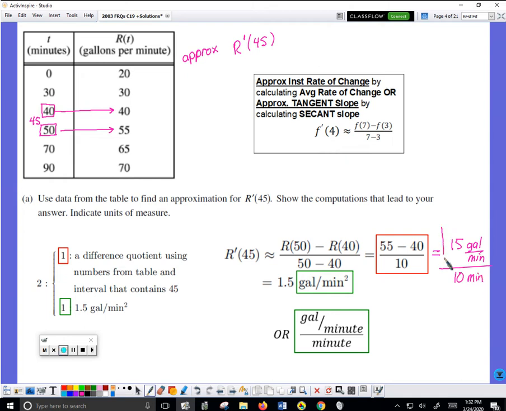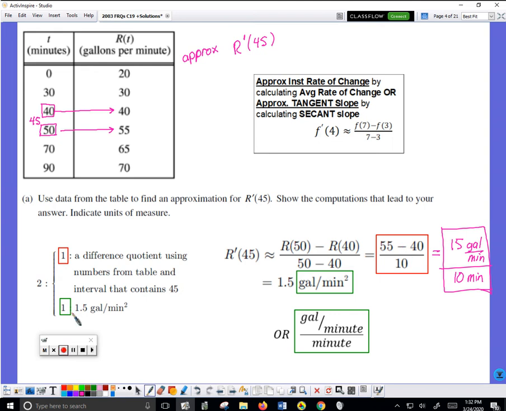If I write this on my paper, I will get full credit because I have specified a difference quotient. This is a quotient, something divided by something else. This is the difference, I have to show that. And then I also have the correct units.